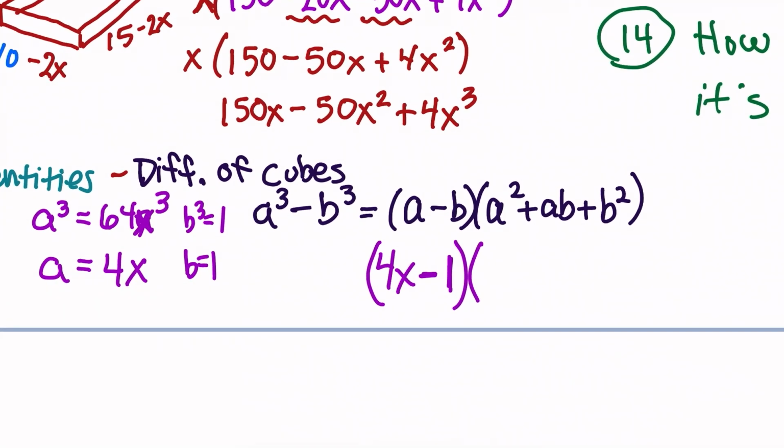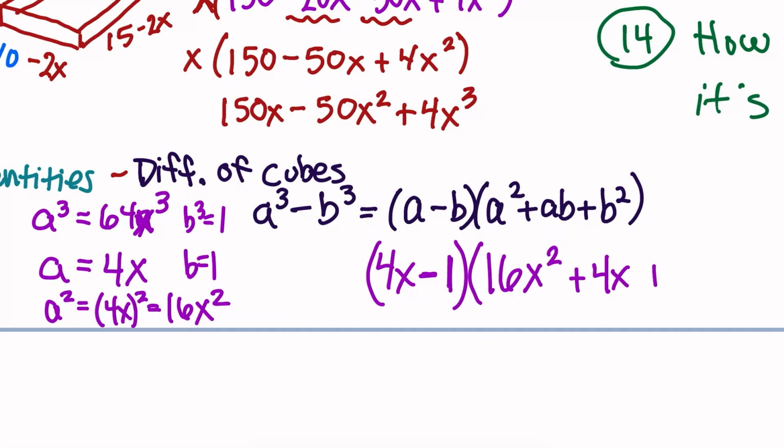But then we're going to need a squared. So a squared would be the same thing as 4x times 4x, so (4x) squared, which is 16x squared. So then right here would be 16x squared. And then ab would be 4x, and then b squared would be 1.